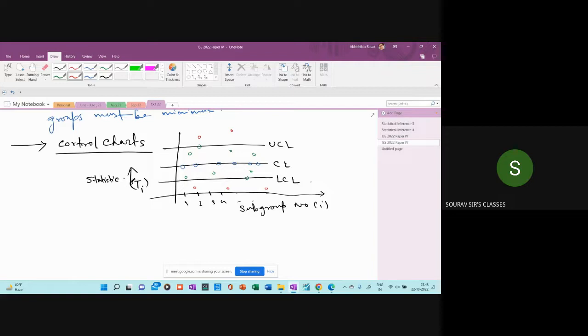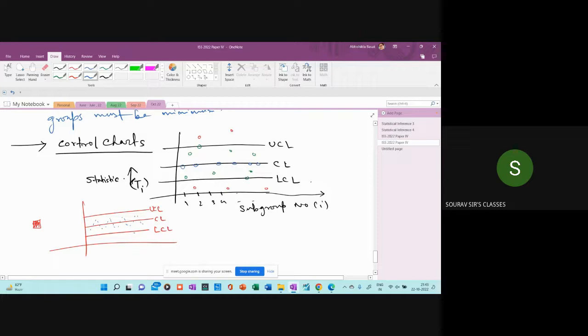This is not the only case; there is a special case as well. Suppose we have this UCL, this CL and LCL, and the points are like this.